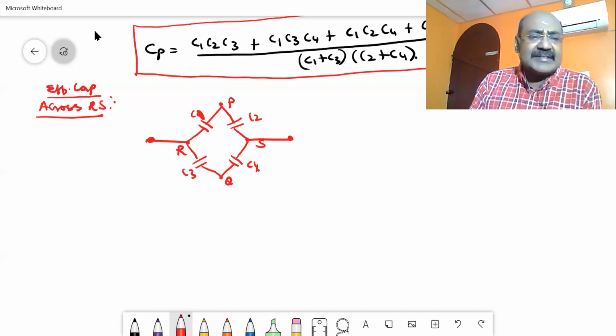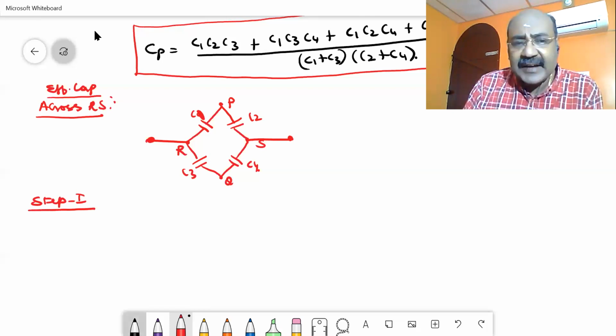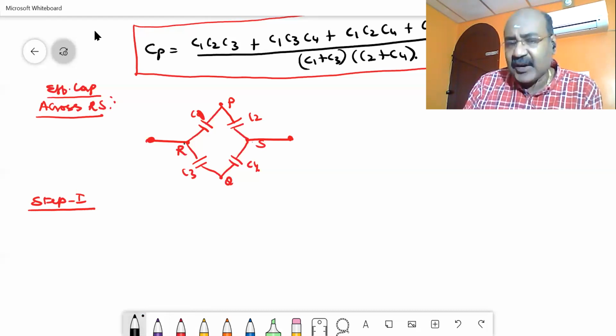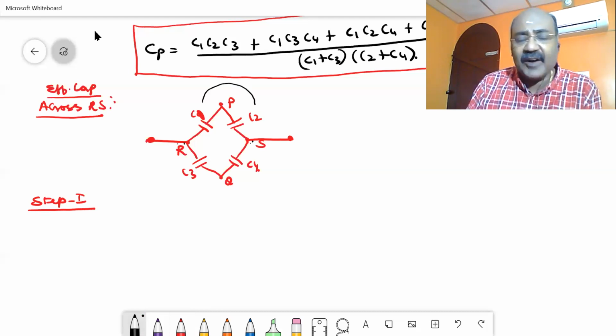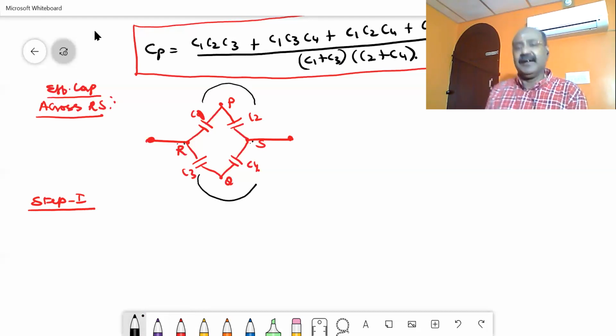So I am writing step 1, a similar problem to the previous one. Here R and S are taken as the points across which we have to calculate the effective capacitance. C1 and C2 are in series, and C3 and C4 are in series, and then these two are in parallel.